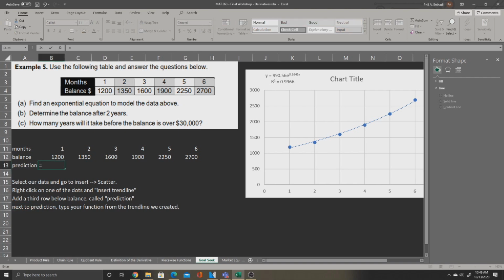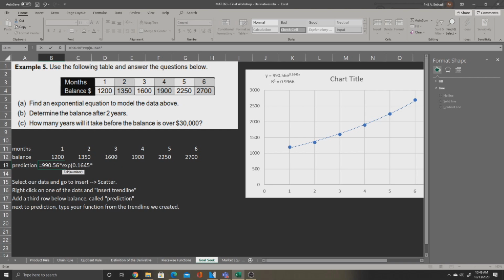So we'll say equals 990.56 times, now be careful about your lowercase e. Lowercase e in Excel is exp and then open a bracket. We'll have 0.1645 multiplied times x.